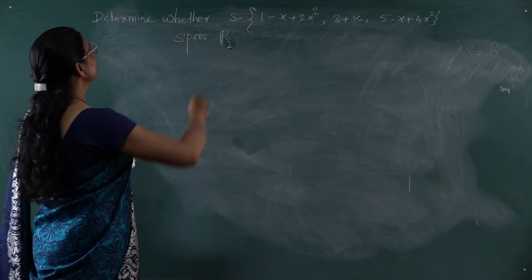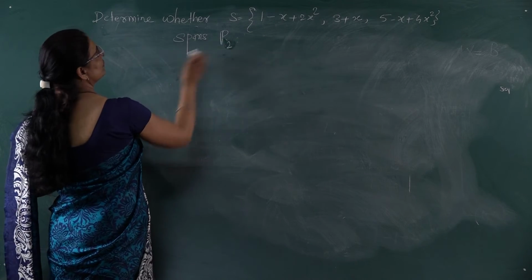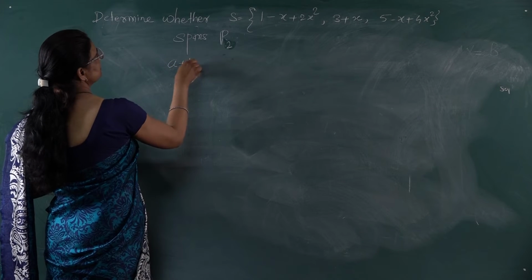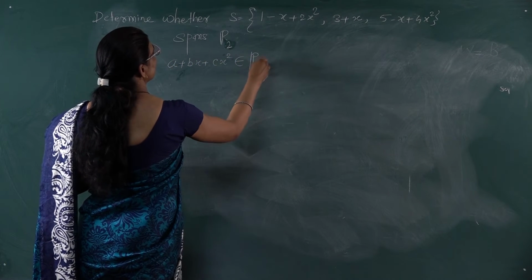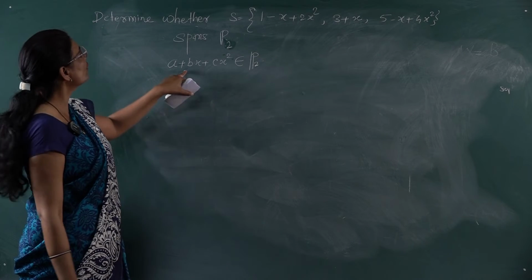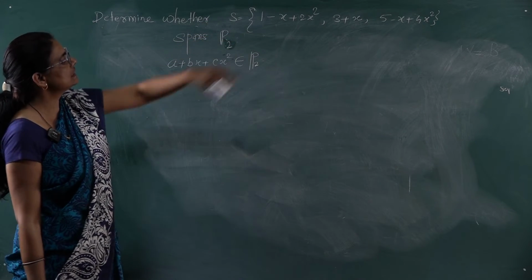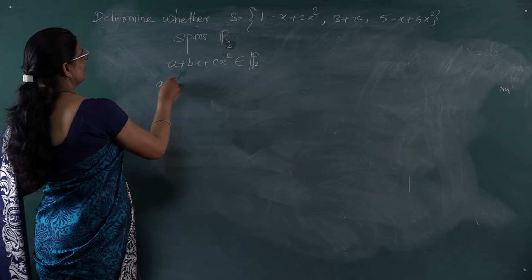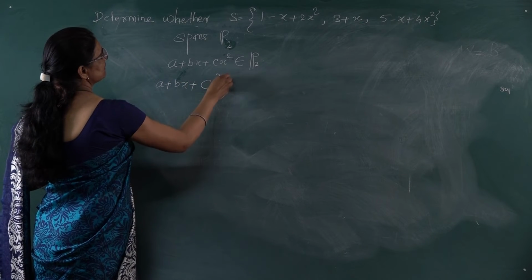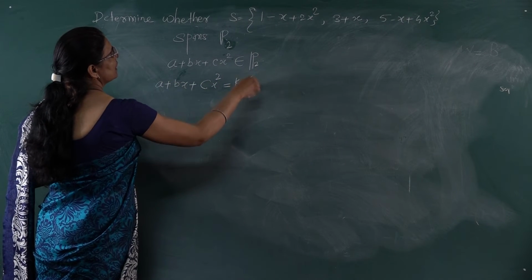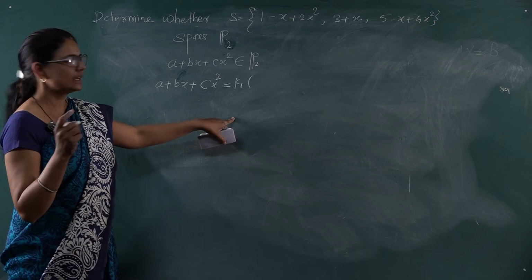So take the arbitrary polynomial from P2, which is a plus bx plus cx square. So this is a polynomial from P2. Express this polynomial as a linear combination of these 3 vectors. So consider a plus bx plus cx square is equal to, I take the scalars as k1, k2, k3.